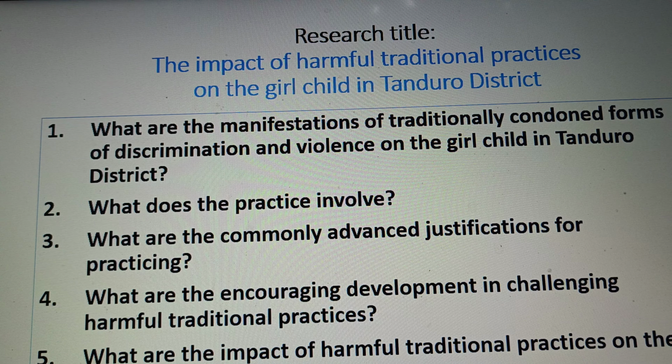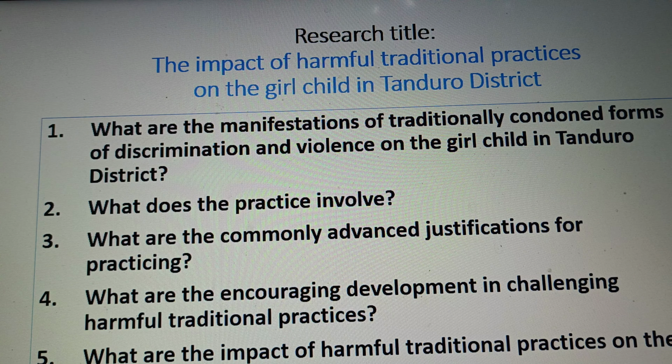So the possible basic research questions for this particular research title might be the following. By the way, it does not mean there is only one way of writing basic research questions. It depends. For example, these 5 are what a researcher already designed.